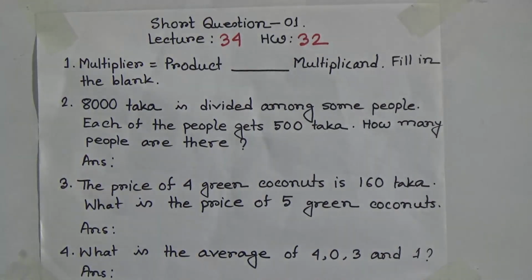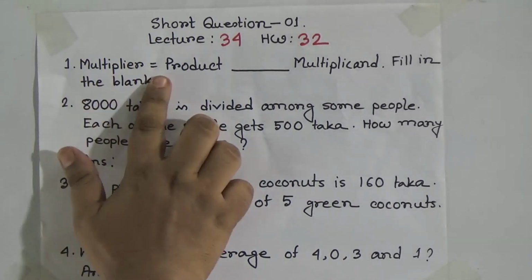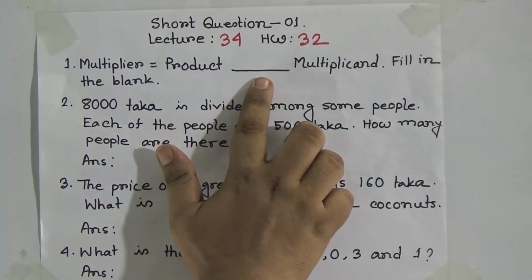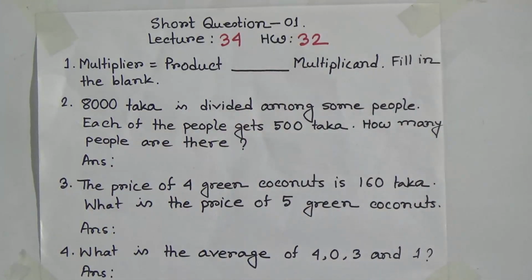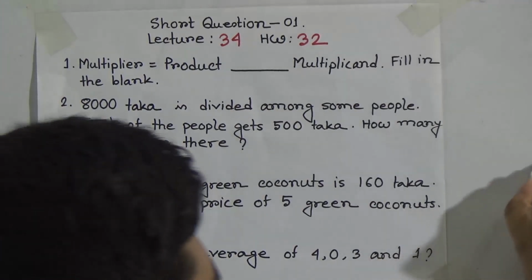So first of all, our first short question is: multiplier equal to product divided by dash, multiplicand. Fill in the blank. So at first we write, what do you mean by product?